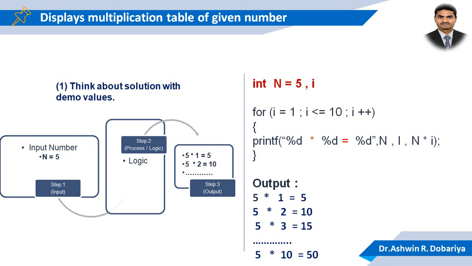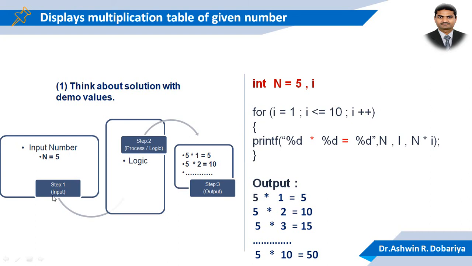Once we input one value like 5, then in the second step we have to think about the logic: how we can display the multiplication table, and what the output should be. If the input number is 5, then the output should be like this: 5 multiplied by 1 is equal to 5, 5 multiplied by 2 is equal to 10, like this. So what is the logic for that?